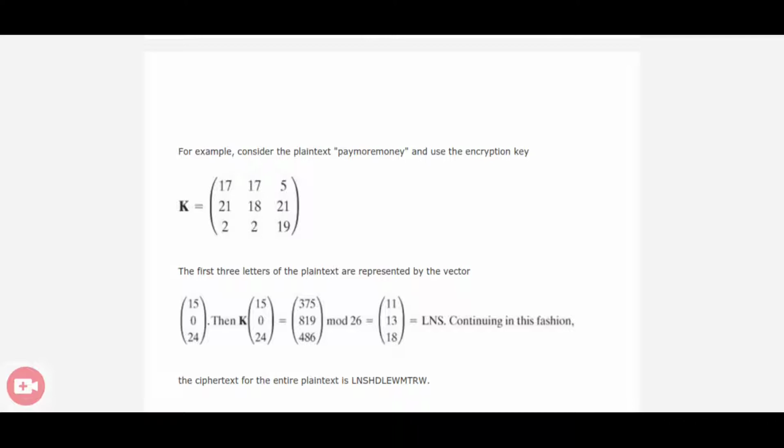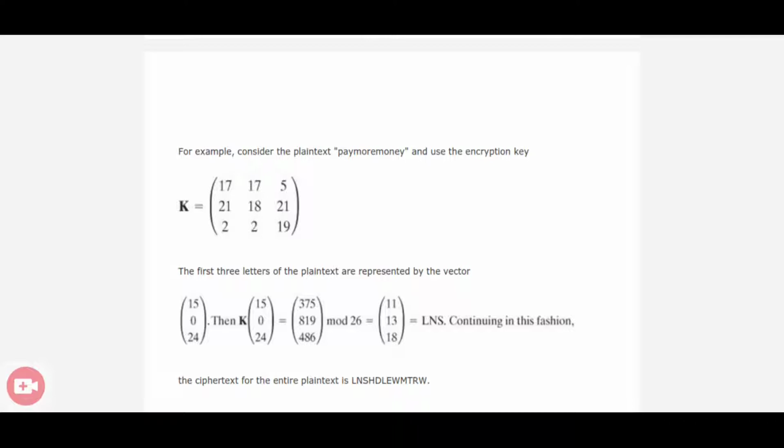So we can convert it into a 3 by 1 matrix. How? Every alphabet is assigned a number. From A to Z, we assign numbers from 0 to 25. In PAY, the second letter is A. A is the first letter, so which number is assigned? 0.